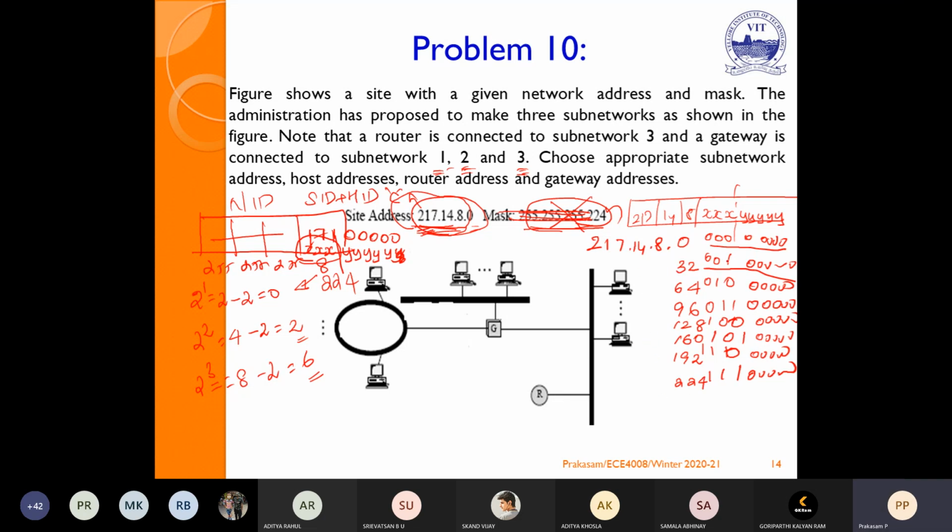So the possible different subnets are 217.14.8.0, 217.14.8.32, .64, .96, .128, .160, .192, .224.